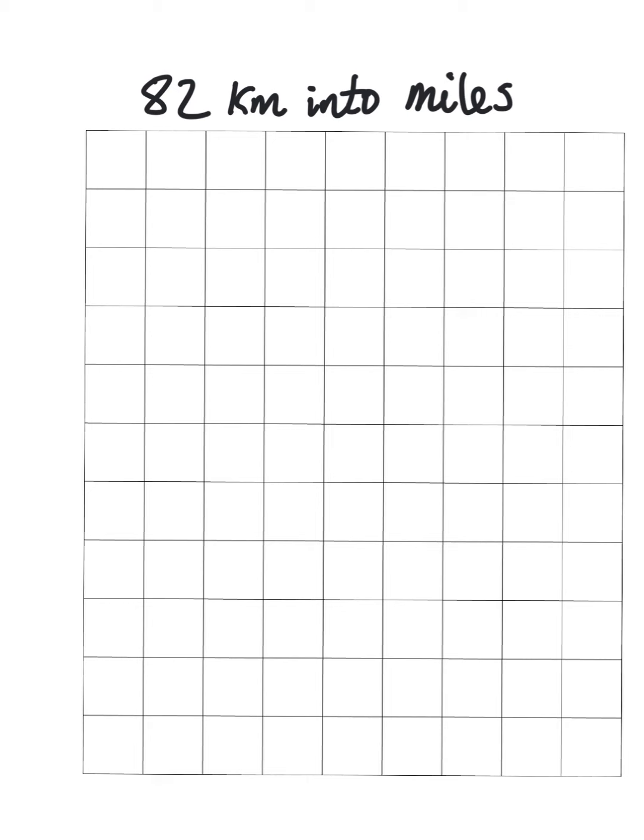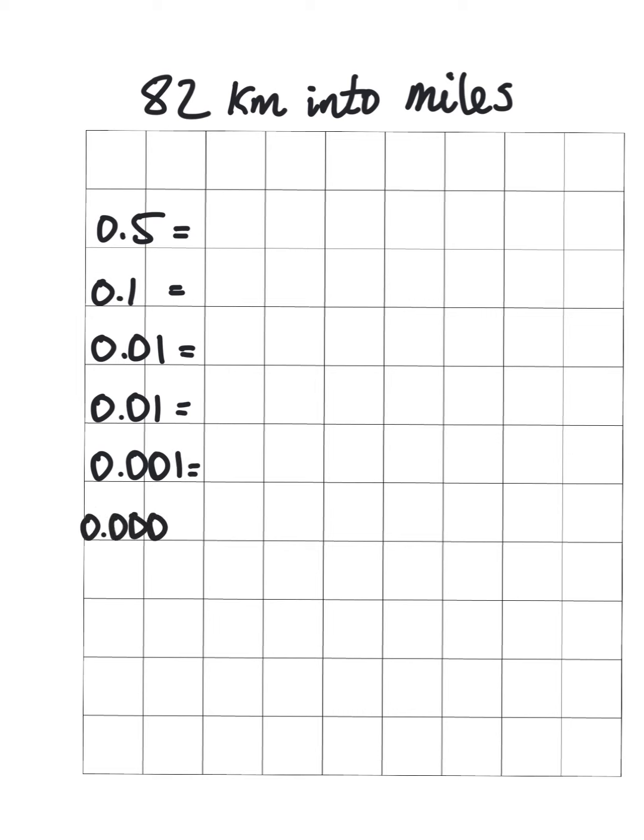So 82 times by, oh, I'm not going to have room for that. 0.5 of 82, 0.1 of 82, 0.01 of 82, 0.01 of 82, 0.001 of 82, 0.0001, 4 of these, 1, 2, 3, that's 4 of them.